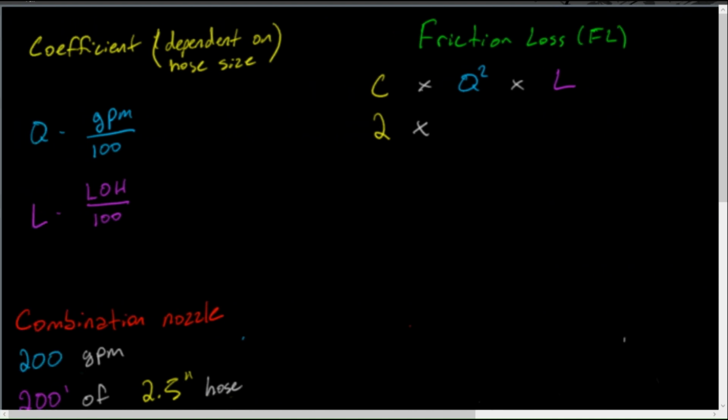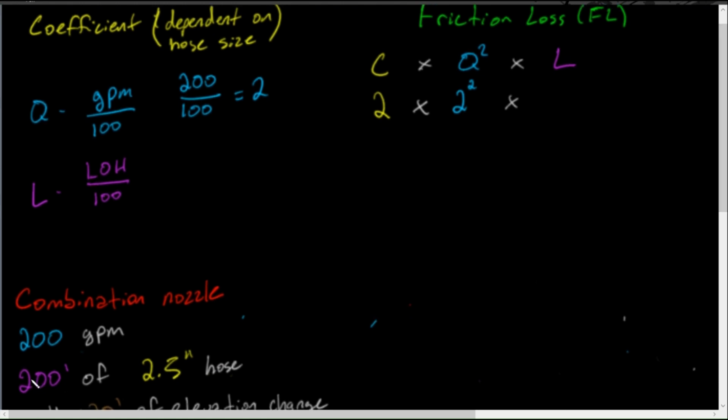Q is our gallons per minute divided by 100. You can see we have 200 gallons per minute. So we'll take 200 divided by 100, which is 2. And don't forget, we have to square our Q, so 2 squared. And then times L. L is our length of hose divided by 100, so we have 200 in this given example, take 200 divided by 100 is 2.